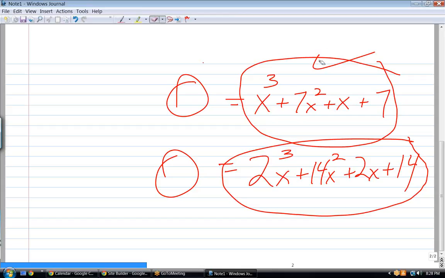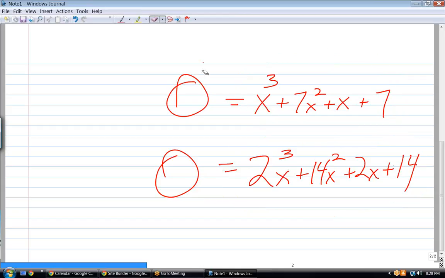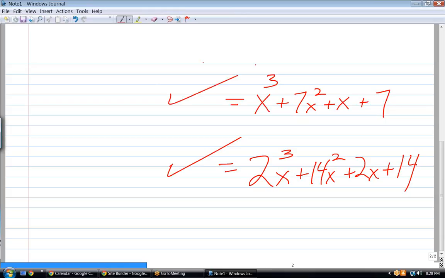So there are an infinite number of polynomials that give you those zeros. So if you wanted a polynomial that had a y-intercept of 14, this is the one. If you want the polynomial that has a y-intercept of 7, that's the one. Both of those polynomials have the same three zeros, minus 7, plus i, and minus i. They are different functions, though.